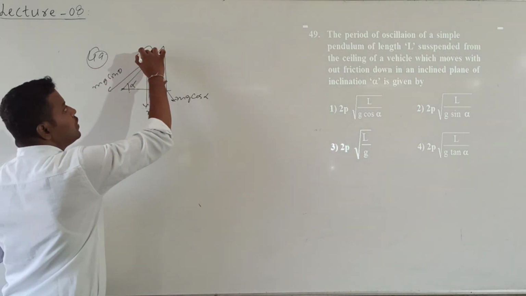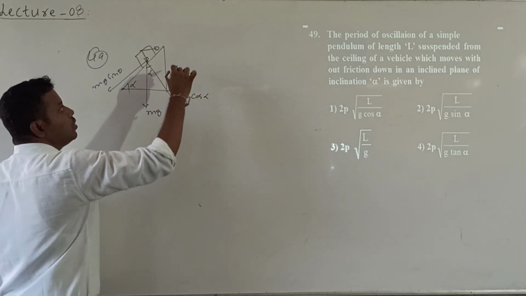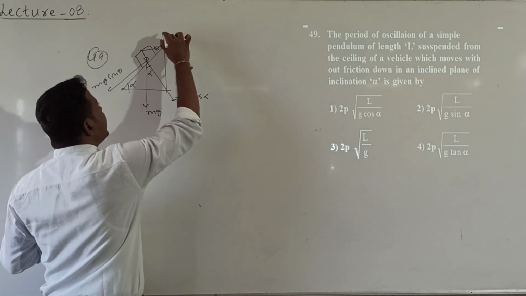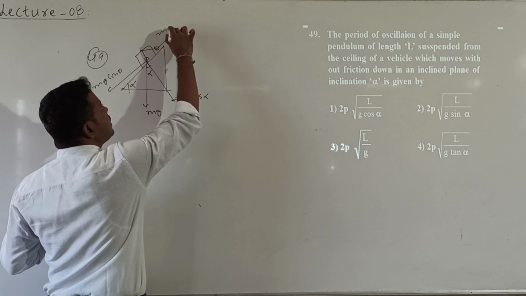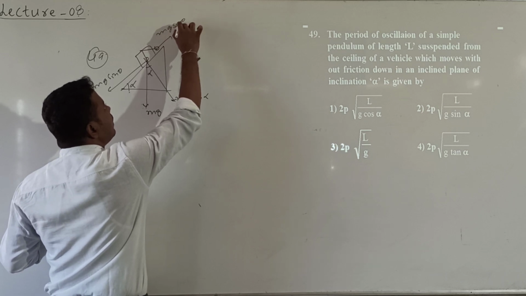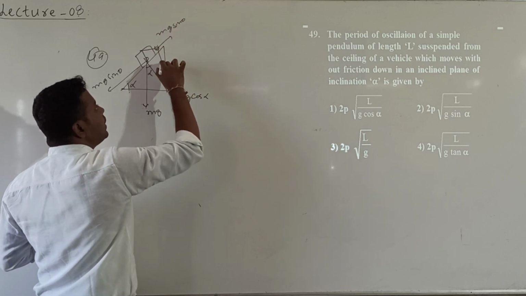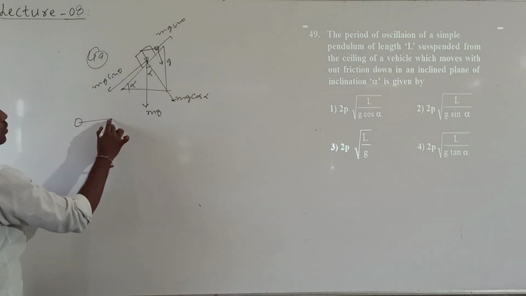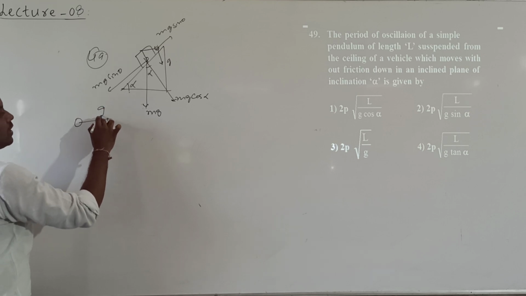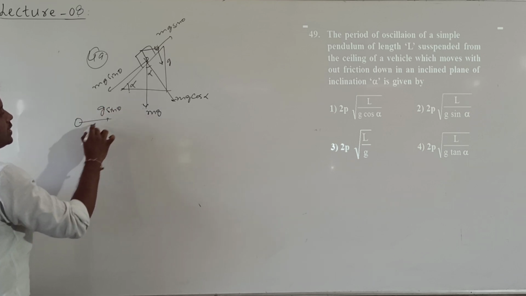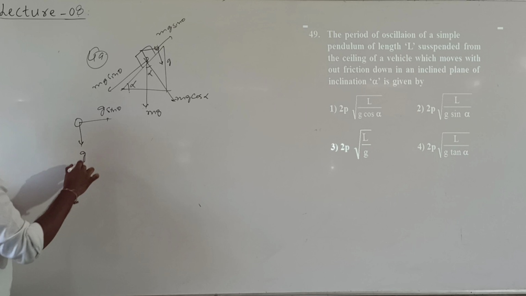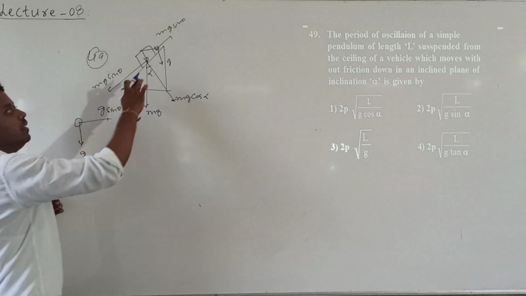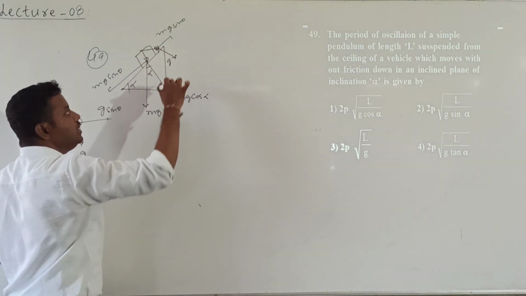A pseudo force will act on the pendulum, given by mg into sin alpha. And its weight is given by mg. Now on the bob of the pendulum, two accelerations are there. One is g sin alpha, and another is the acceleration due to gravity g.